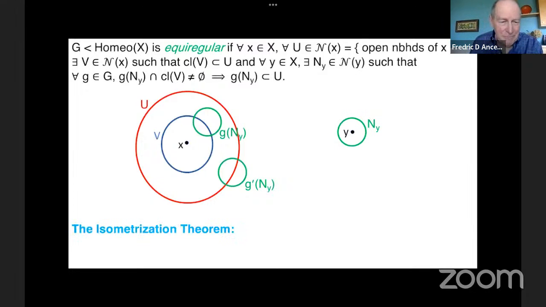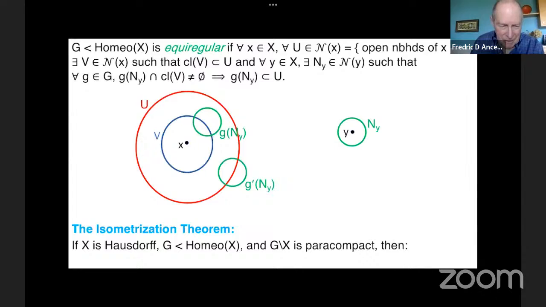And then the theorem that I'm calling the isometrization theorem is that if I have a Hausdorff space and a group of homeomorphisms and the orbit space is paracompact, then isometrizable is equivalent to equiregular.